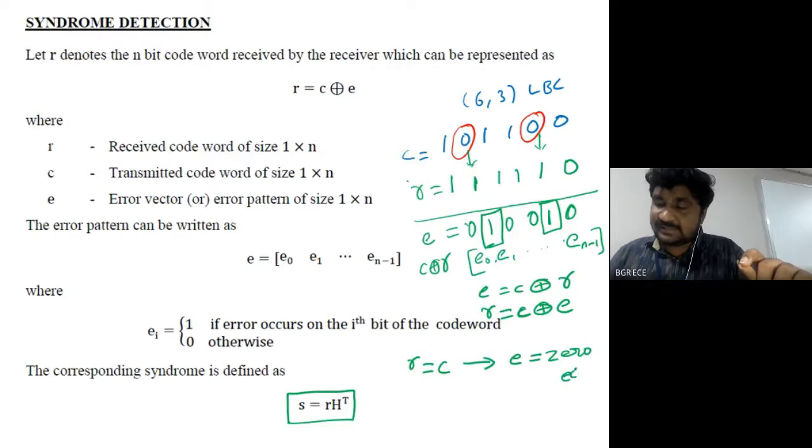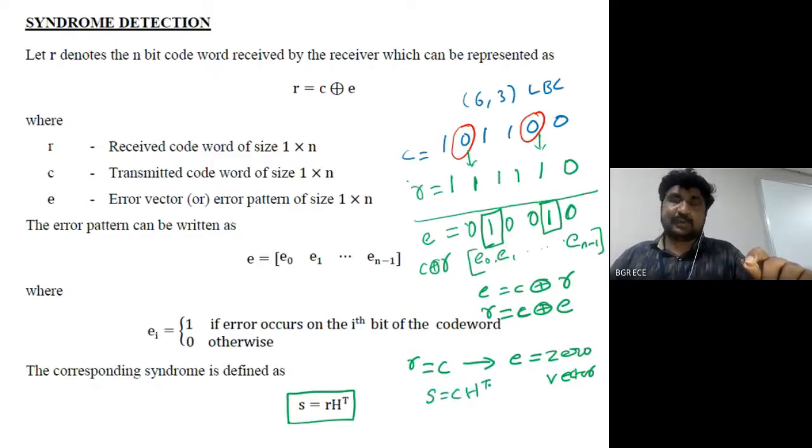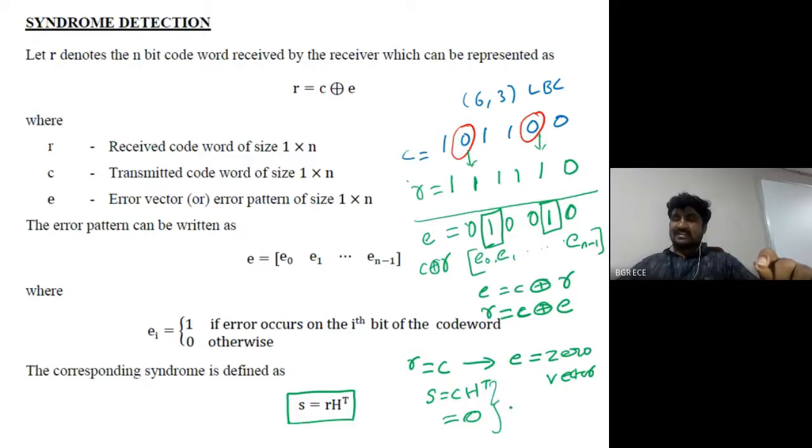When the error pattern is a zero vector, then R will be equal to C. If R is equal to C, S is equal to C into H transpose, and we already know that C into H transpose will be 0, so that we can ensure error-free communication.